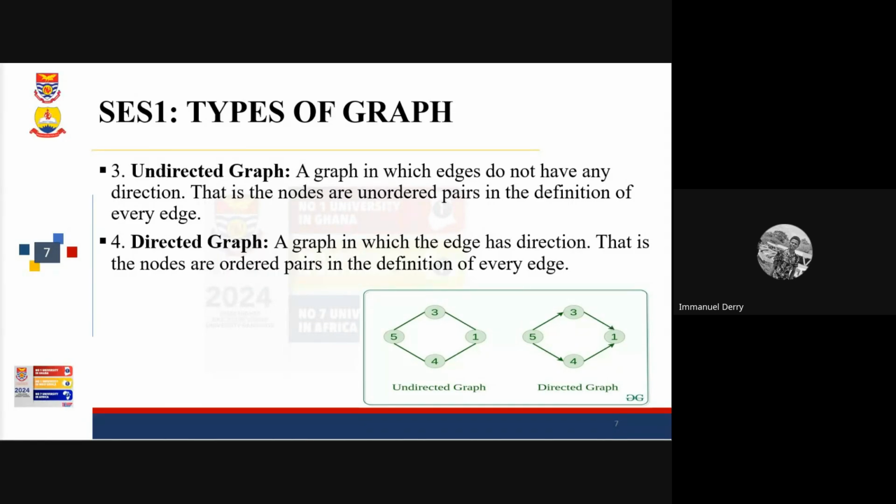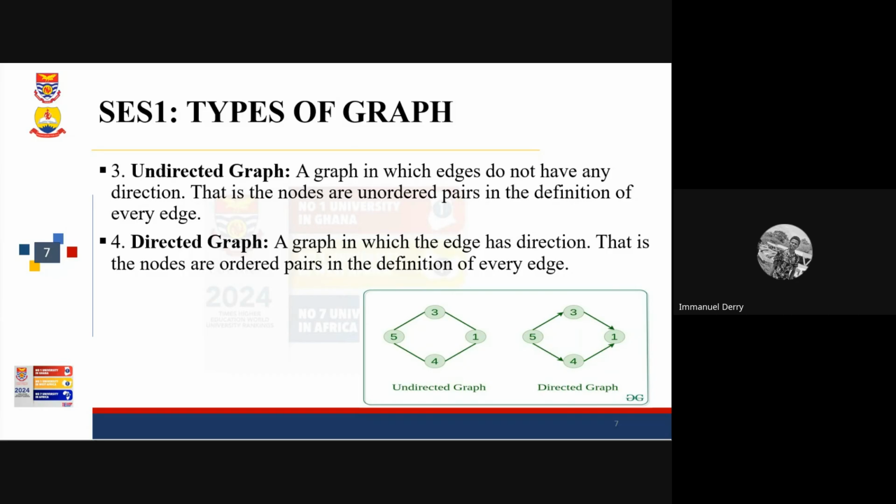So a graph in which edges do not have any direction is an example of an undirected graph. That is to say that you can move from one vertex to the other and back without any complications or constraint. Then we could say that this is an undirected graph. However, a directed graph has directions on the edges.